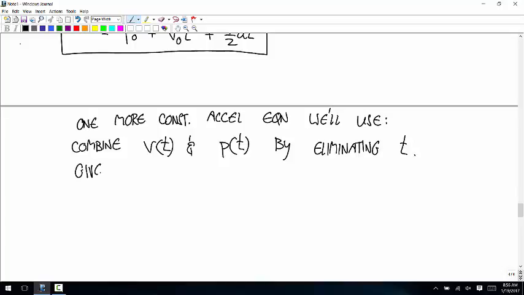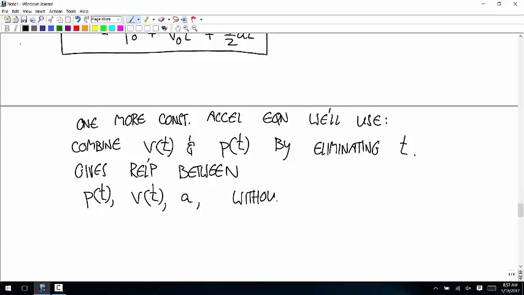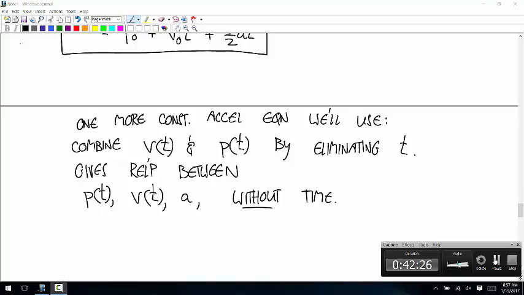That's going to give a relationship between position, velocity, and acceleration without time. I mean, all these things are still changing in time, but time isn't explicitly going to be in this equation. So see if you can figure out a way to do that. Okay. On the board.